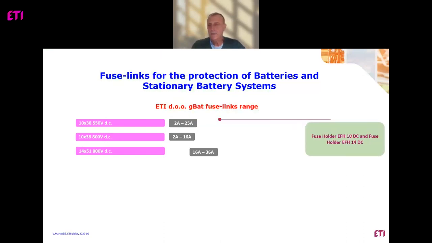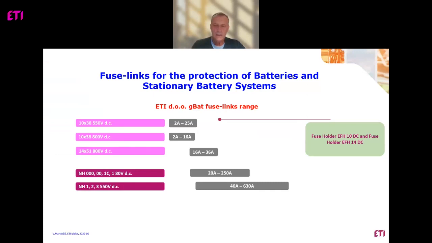And then, of course, we can offer fuse holder EFH 10 DC or EFH 14 DC. From the range of NH, we started a few years ago with 800 volt generation up to 250 amps in size 000 and 00 and 1C also.